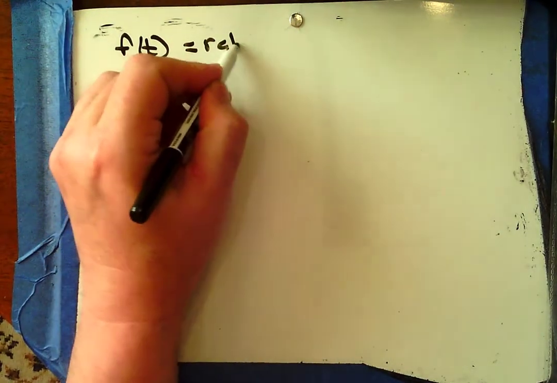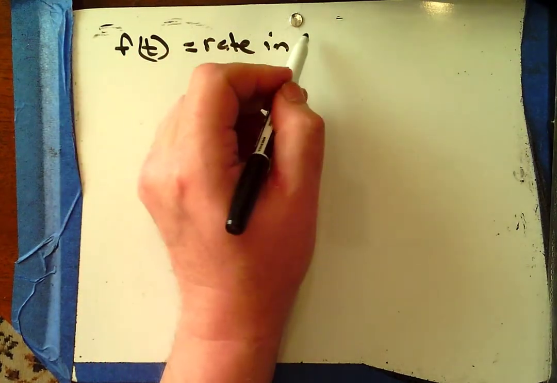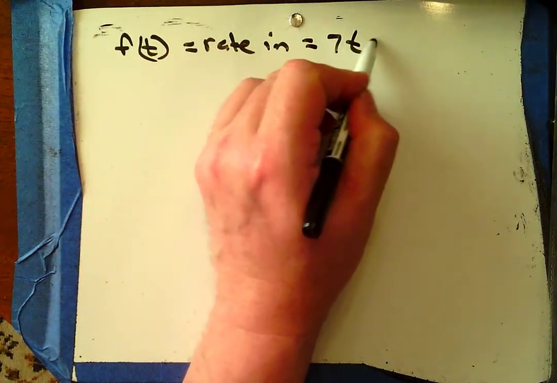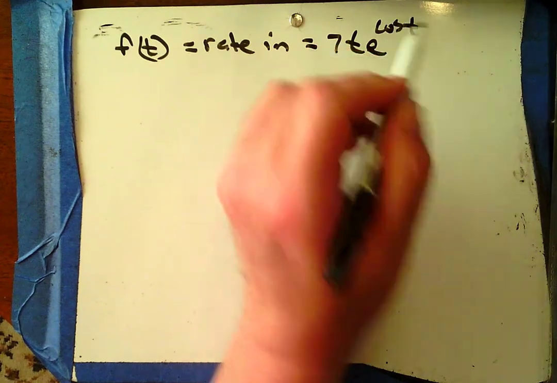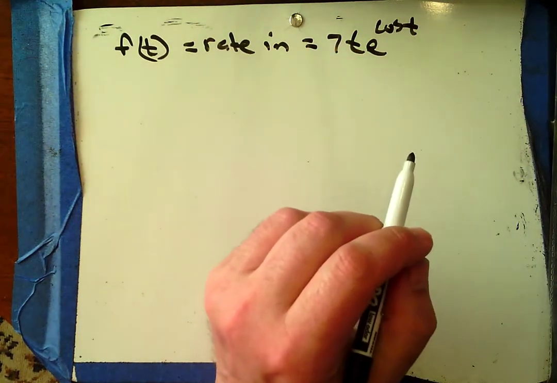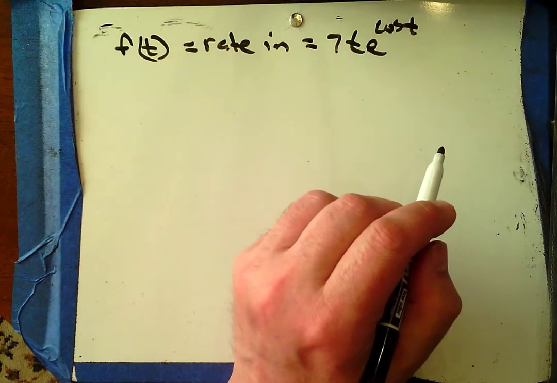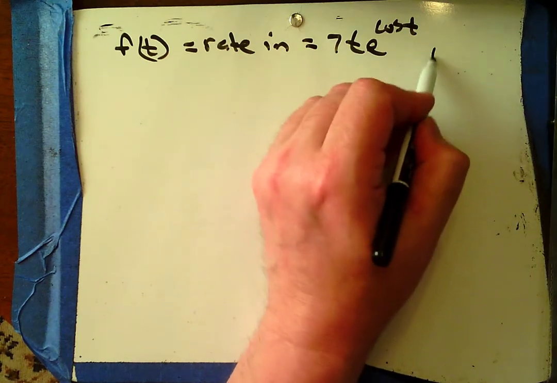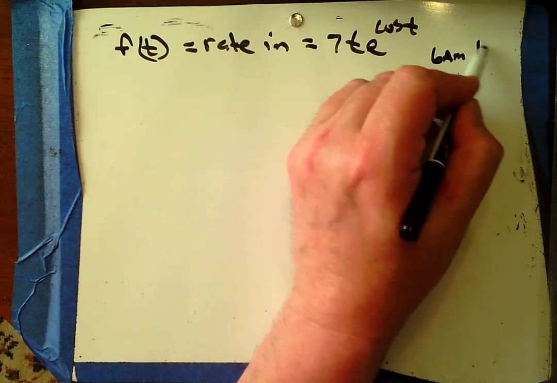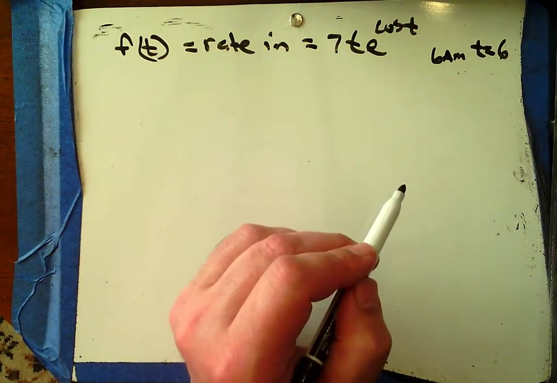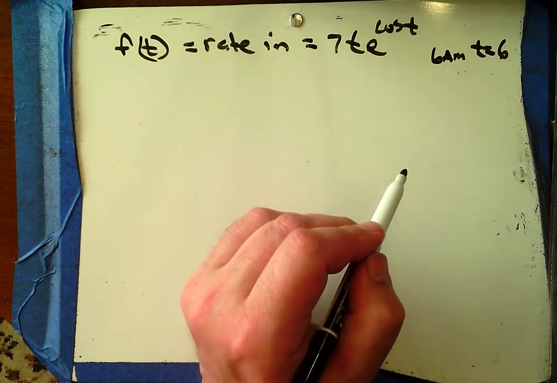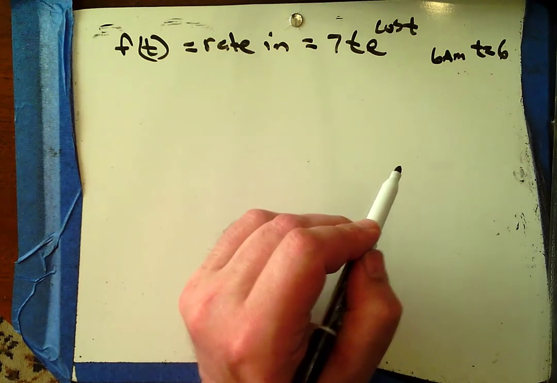The rate at which snow accumulates, so f of t equals the rate in, and that's modeled by 7t e to the cosine t. 6 a.m. is time equal to 6. All right, how many cubic feet of snow have accumulated in the driveway by 6 a.m.?